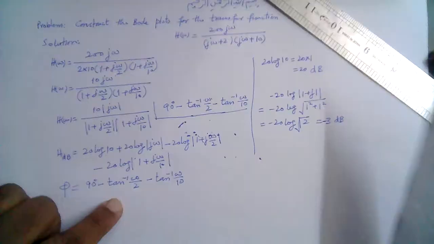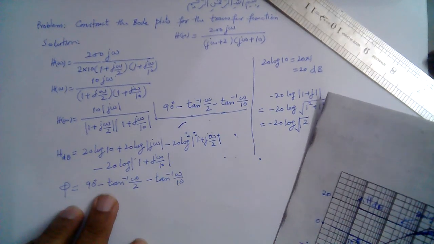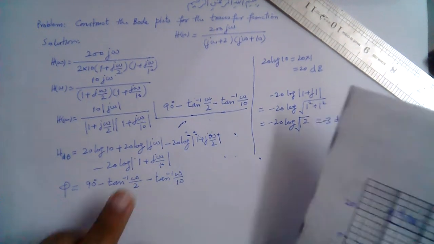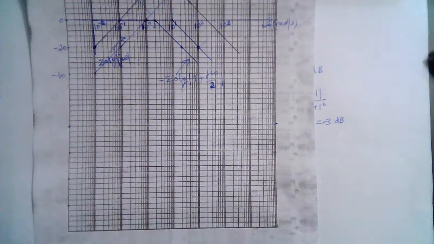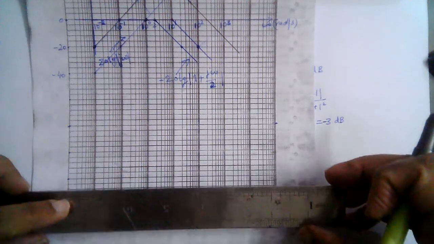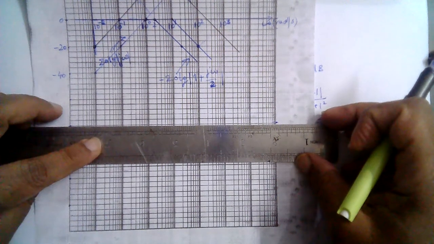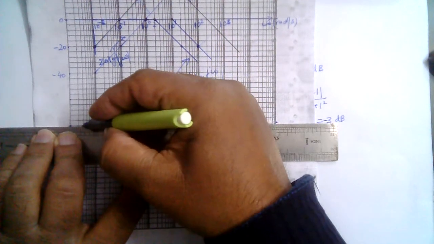Similarly, we can plot the phase plot as well, the Bode phase plot. So we have 3 terms, so we can plot them individually, and then put them together to find the composite phase plot. So let me draw simply a horizontal axis again here.